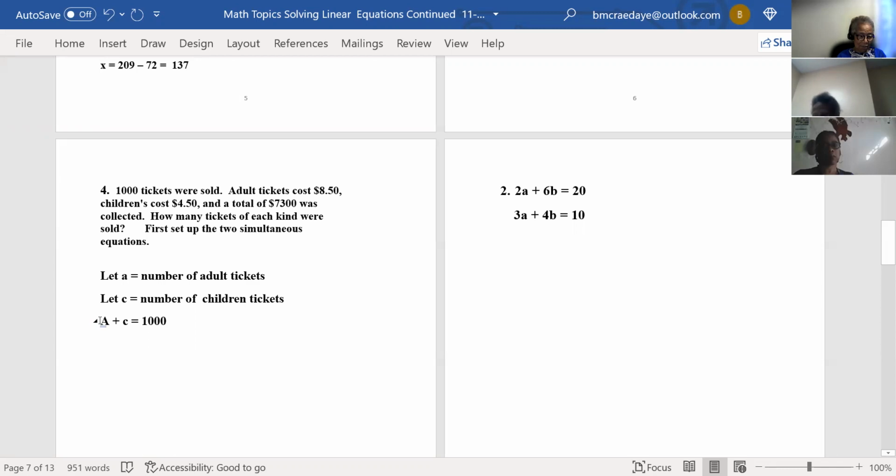And what was your next equation? My next step was 850 plus 450 equals 73. Well, the total of 7,300 came from the number of adult tickets sold at 850 plus the number of children's tickets sold at 450. So what was your next equation?